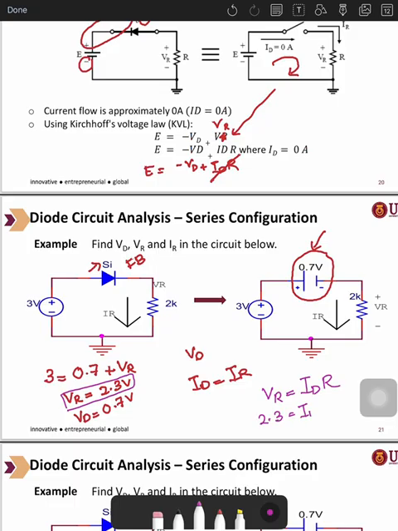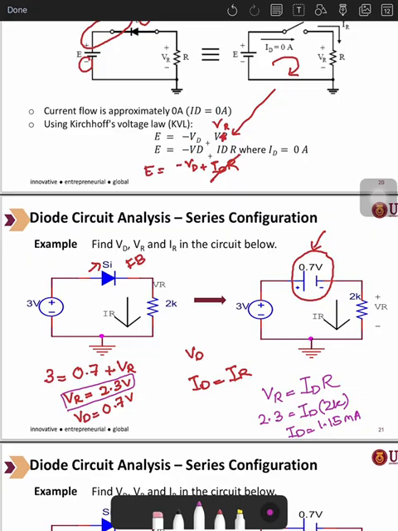We don't know the value of ID, and the R is 2K. Then you will get ID equal to 1.15 milliampere. We can use Ohm's law, because IR is similar to ID. The current flowing across the diode is similar to the current across the resistor, because it is connected in series.